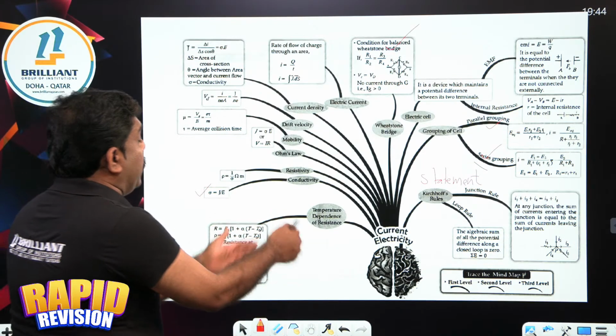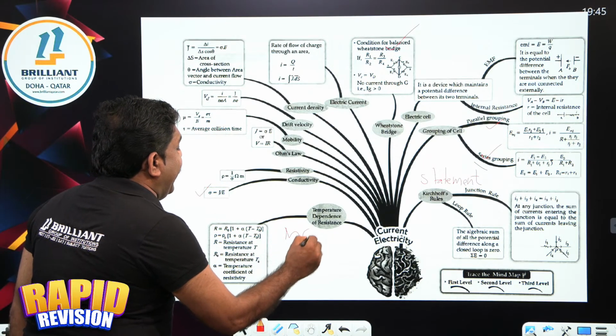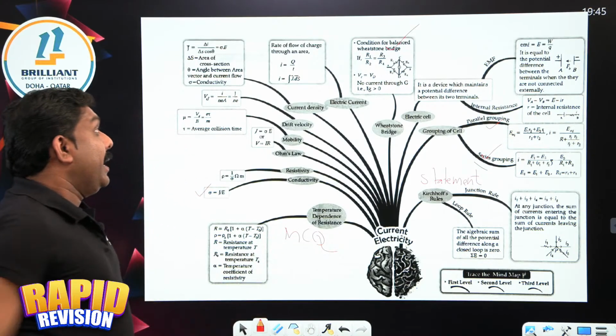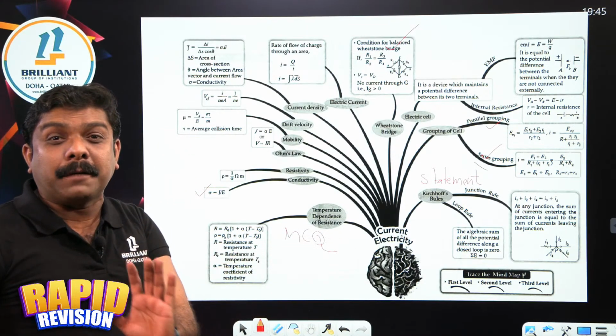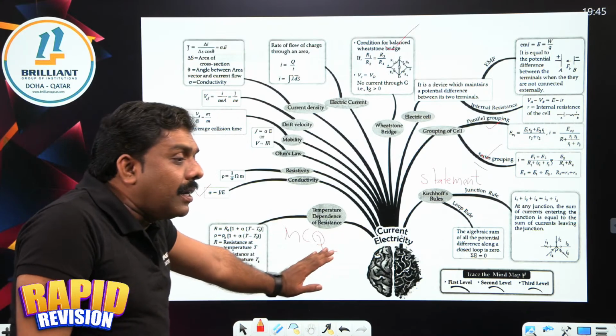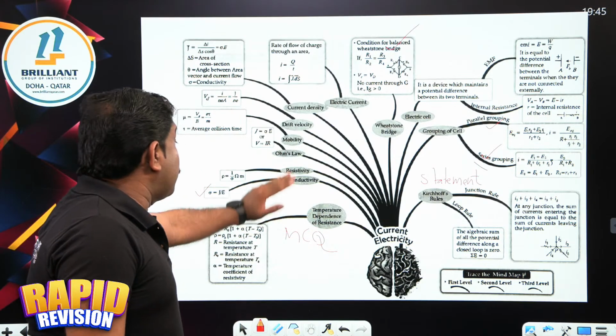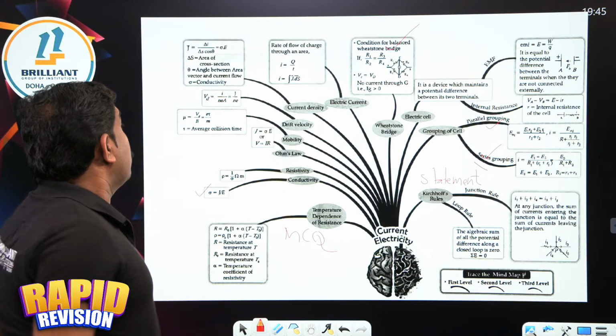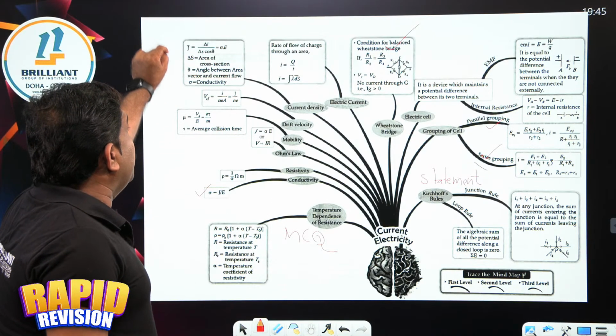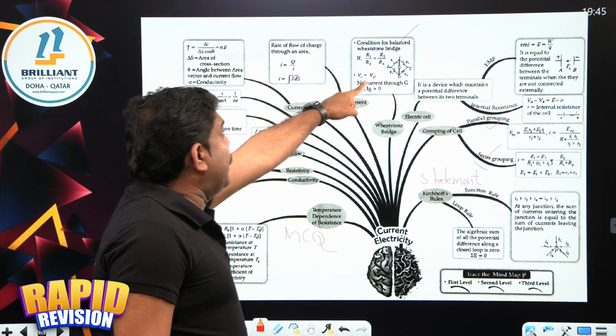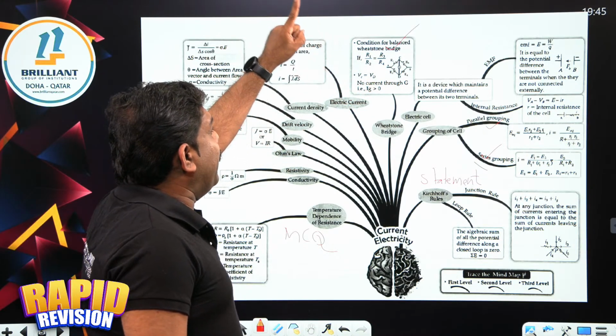Temperature dependence of resistance is a possible area for MCQs. MCQs are sure to come from this chapter, mostly from the resistance variation graph. We have the current density formula, and Wheatstone bridge is already explained.